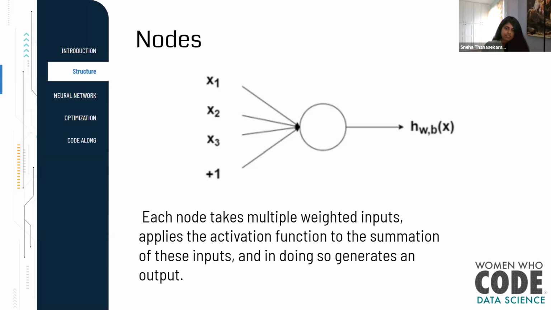The circle in the image represents the node in which the activation function resides. It takes inputs x1, x2, x3 here, along with their respective weights, sums them, and then inputs them into an activation function. The output of the activation function is shown here as h, where it is a function of x, which are inputs x1, x2, and x3.